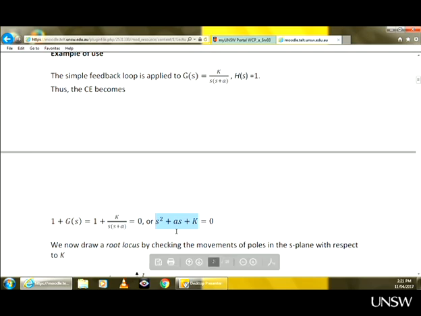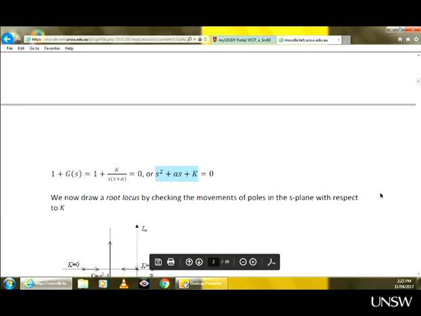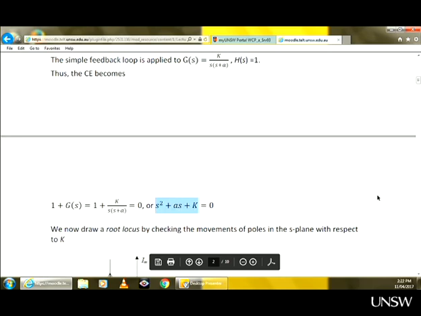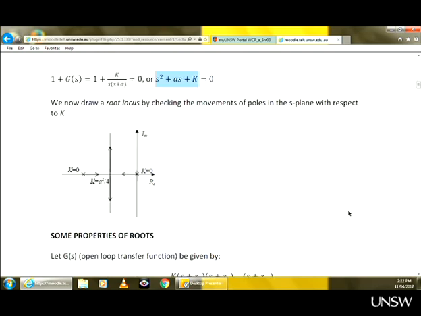Now, as you can see, the value of k will determine the stability of the closed-loop system, will determine where the poles are. And when you draw the complex plane, with imaginary axis and real axis, you will find that when k equals 0, you have two poles. One pole is at 0. The other pole is at minus a over here.